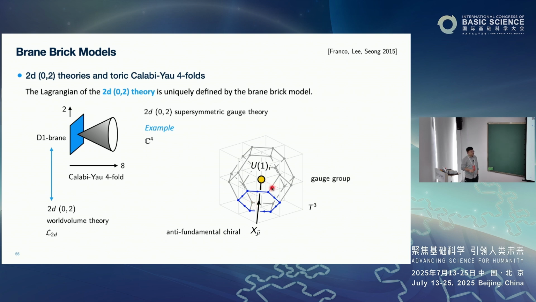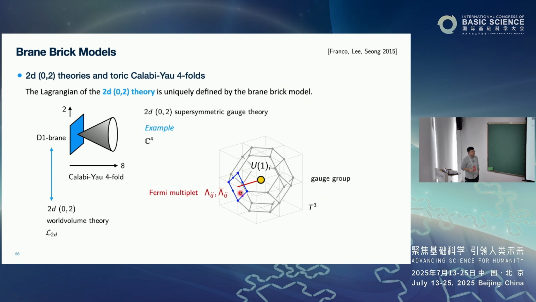This orientation tells me how the D4 brane realizing a U1 gauge group in this 2D 0,2 theory charges a corresponding chiral multiplet either in the fundamental or anti-fundamental representation. I can also have regions on the surface that are unoriented.